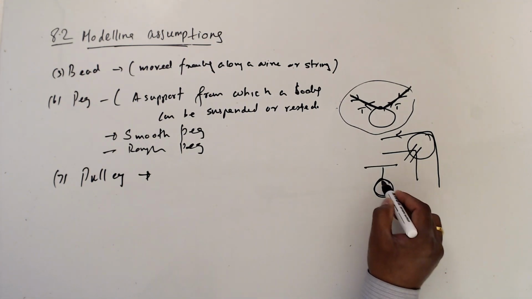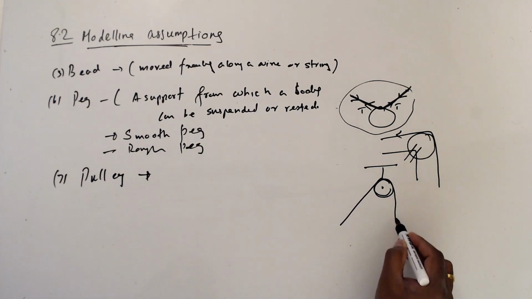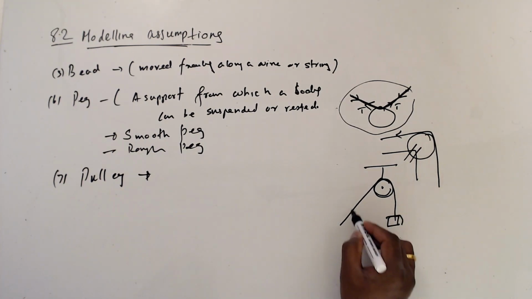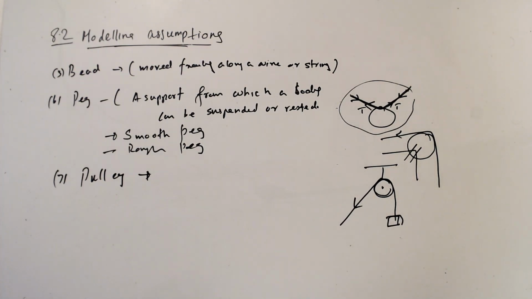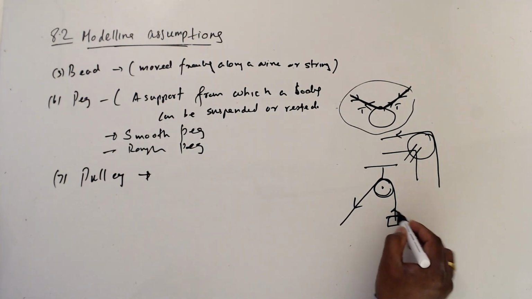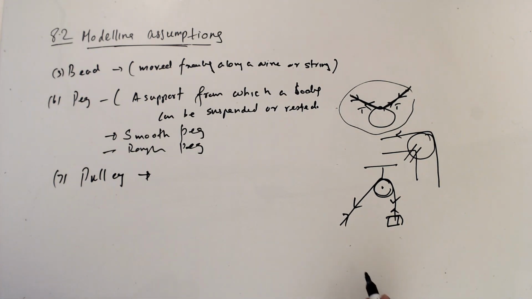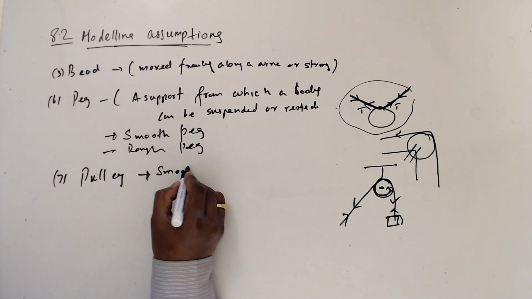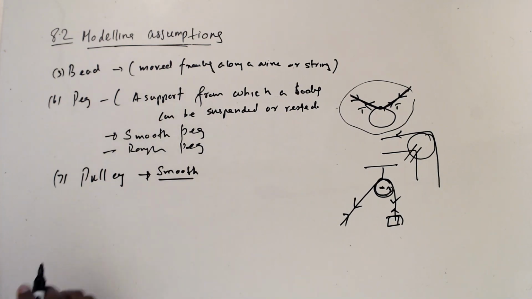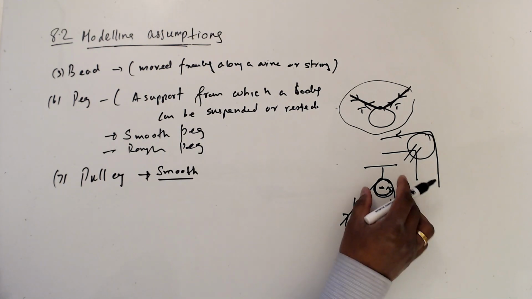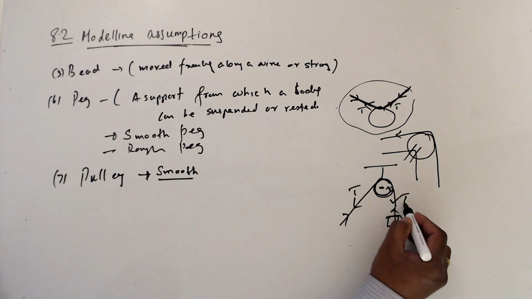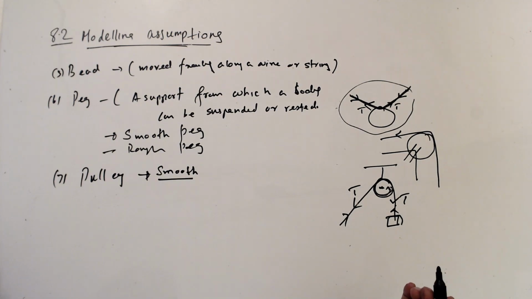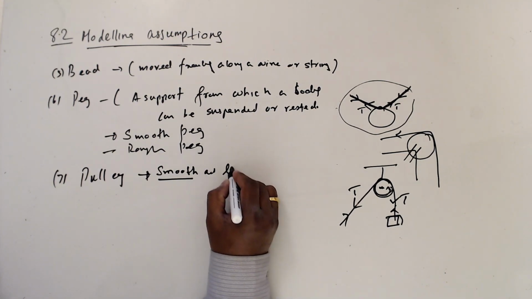So this is a pulley, and this is a string to lift something. We only consider smooth pulleys. What is the idea behind smooth? It means the tension is not two different tensions; it's going to be the same size. Tension is the same, and light.